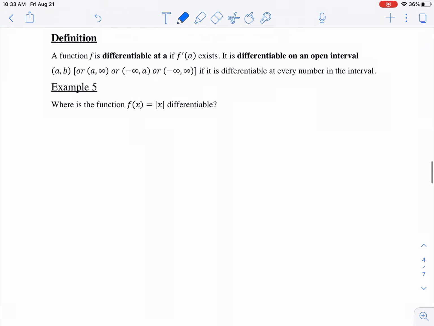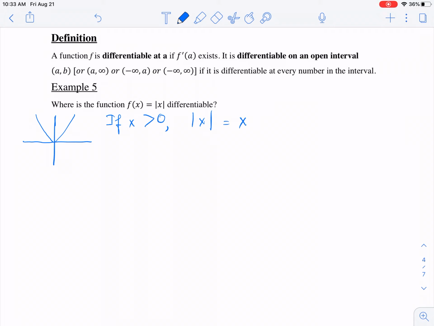So what can I do? Let me just sketch the function. So that's the absolute value function. We have to consider when x is positive and when x is negative. So first, if x is positive, then the absolute value function is just x.